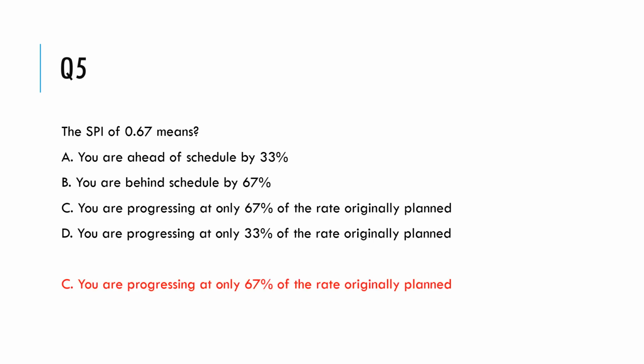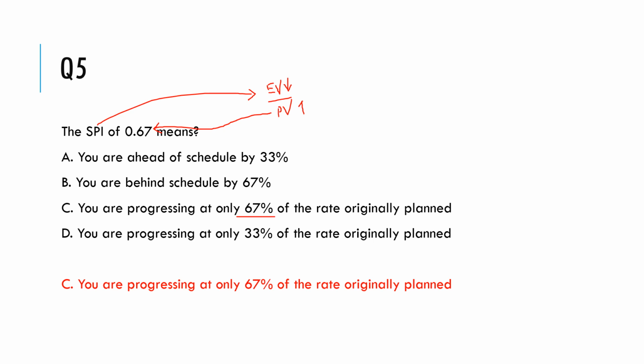Now, the answer for this is, of course, C. You're progressing at only 67% of the rate originally planned. How do you find that? Again, if you apply the formula for SPI, which is EV divided by PV, and the answer that you get is 0.67, it means that your EV is less than PV.